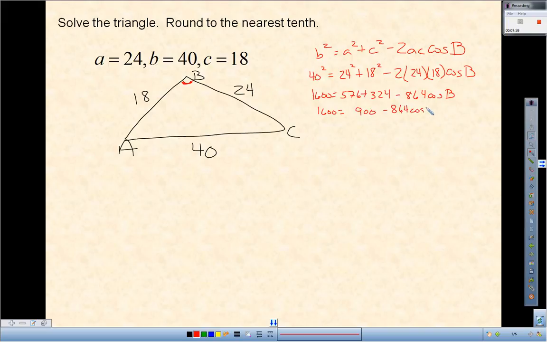And then to solve this for B, I'm going to subtract 900, so 1600 minus 900, that's going to give me 700, is equal to negative 864 cosine of B.